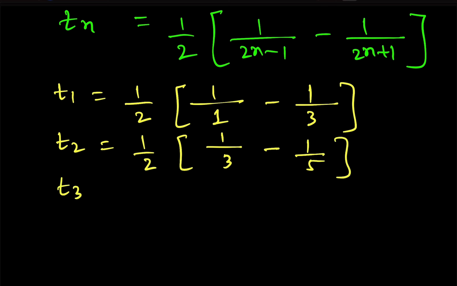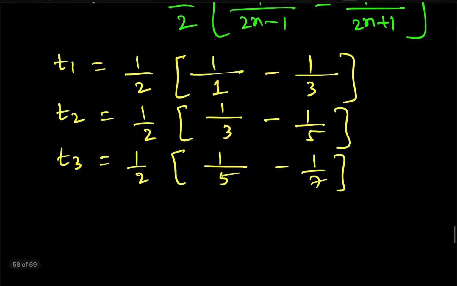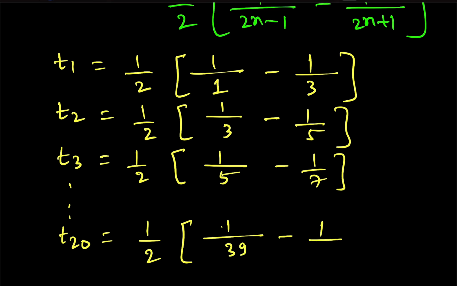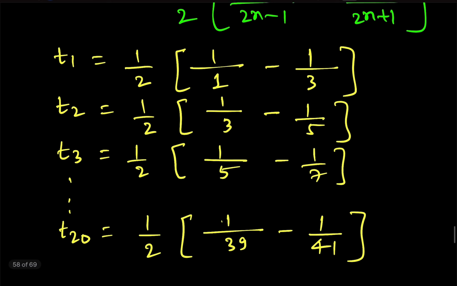Suppose you write t3, 1 by 2 into 1 by 5 minus 1 by 7. Similarly, suppose the 20th term is 1 by 2 into 1 by 39 minus 1 by 41.